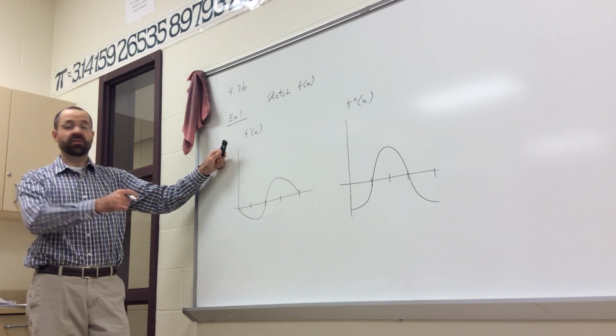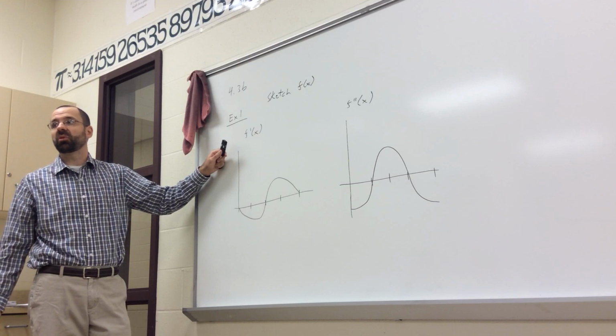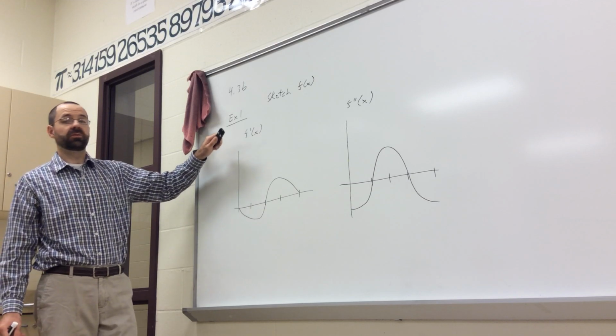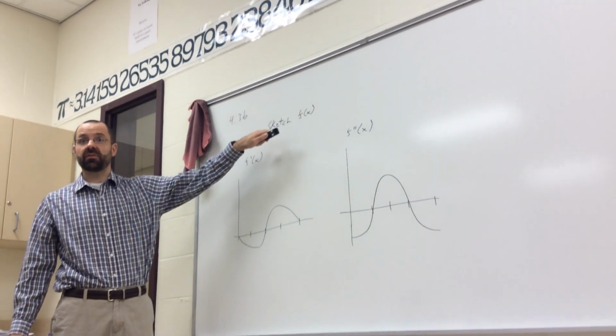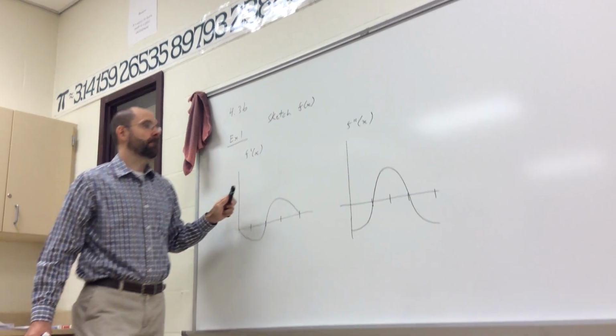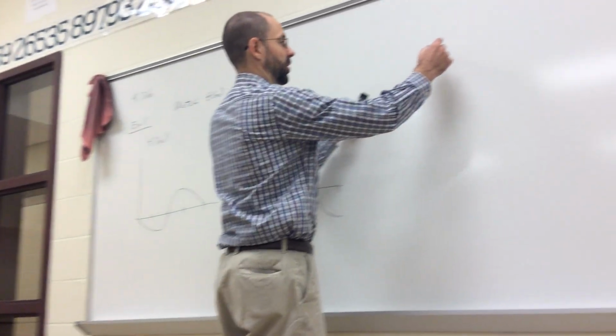So they gave us a graph of f prime. They also gave us a graph of f double prime. And what we are trying to do is sketch the original f of x. I'll put that over here.